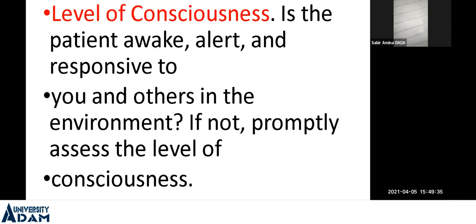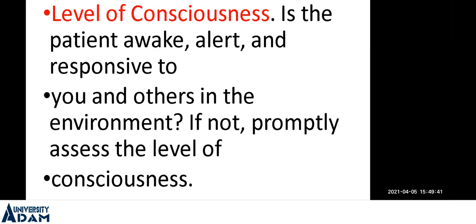If not, properly assess the level of consciousness. Can you tell me, please, what kind of levels of consciousness do you know?